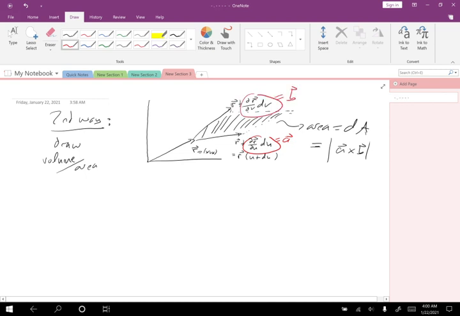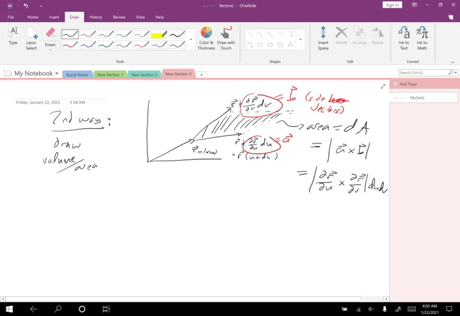These are the side vectors, they're not lengths. So that means it's dr/du cross dr/dv, du dv.